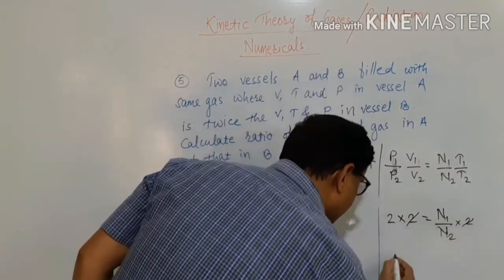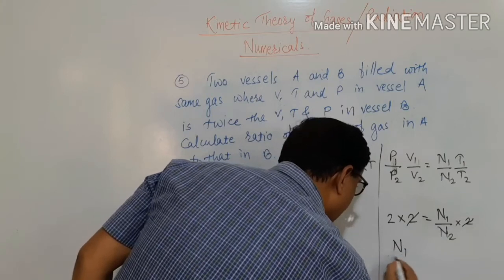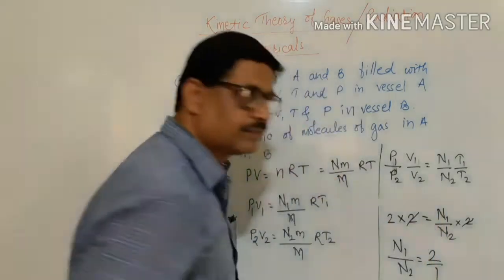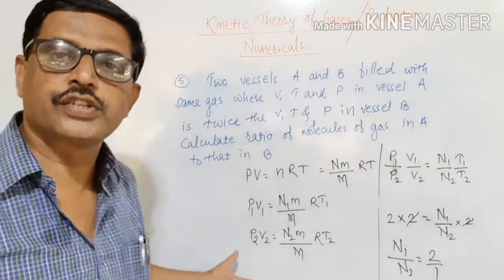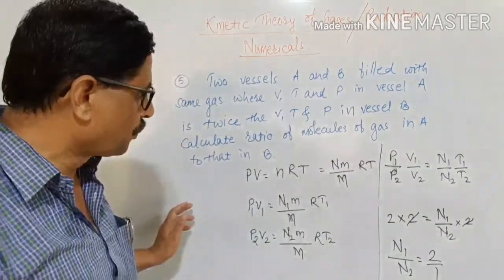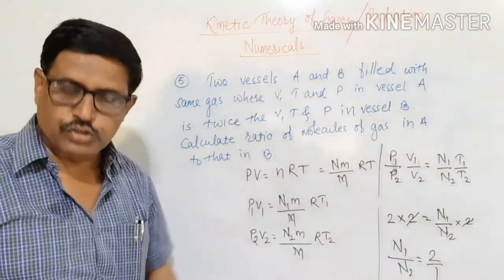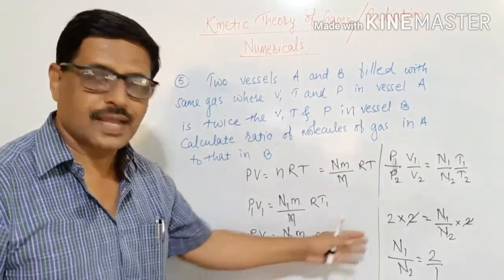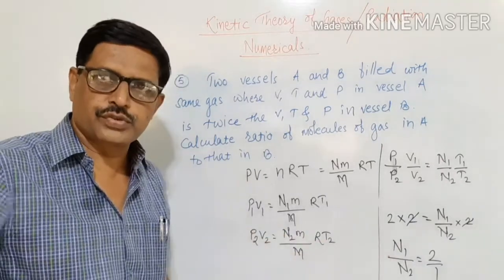These two get cancelled and hence you will have N1 upon N2 equal to 2:1. This is the ratio of the number of molecules present in the vessels. This is the answer that you will get, 2:1.